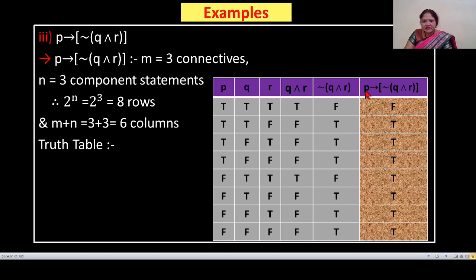Here P is the first statement and negation of Q and R is the second statement. Therefore, T implies F is F, T implies T is T, T implies T is T, T T T, F F T, F T T, F T T, and last F T T.